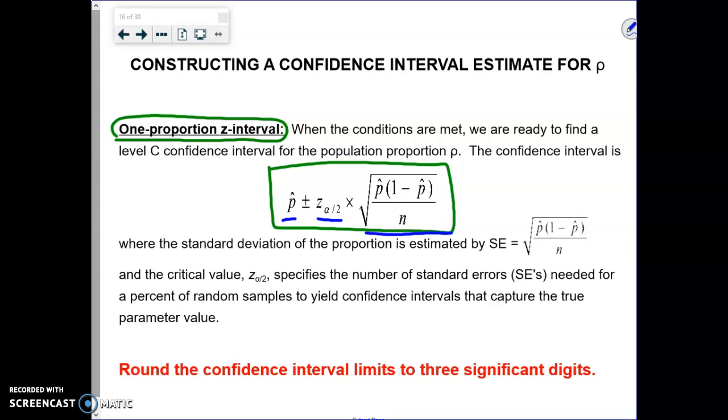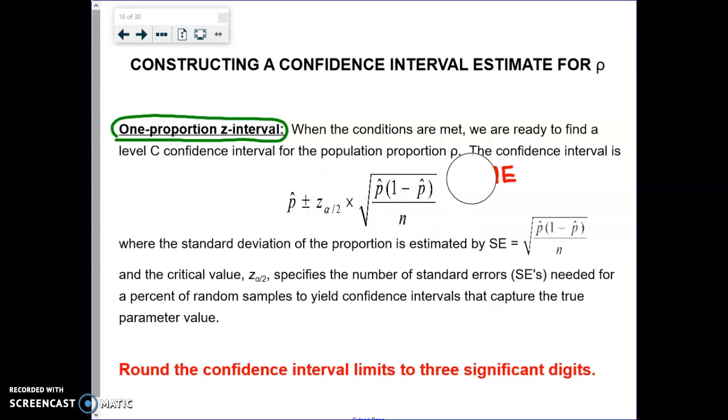We take p hat plus the margin of error, and remember, this whole thing right here, that is your margin of error, okay? That's the distance from your sample proportion to your upper confidence limit and to your lower confidence limit, all right?